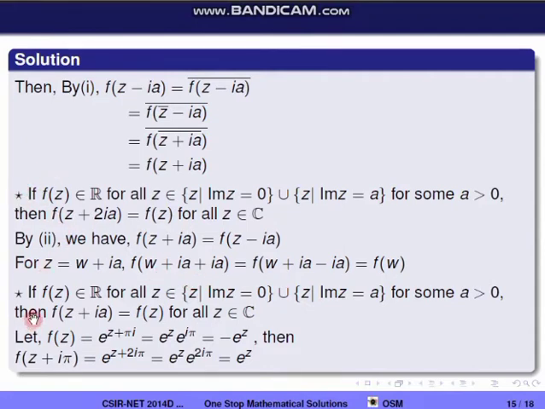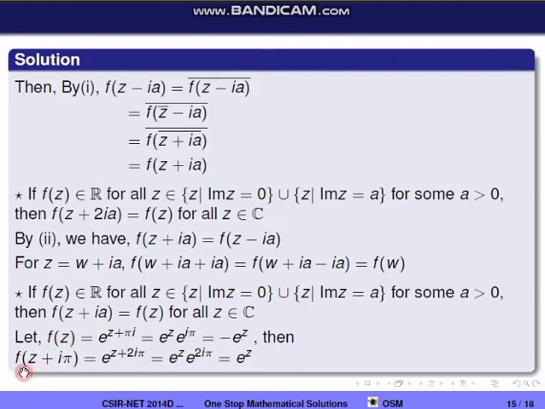Fourth option, if f of z belongs to R for all z in {z such that imaginary z equal to 0} union {z such that imaginary z equal to A} for some A greater than 0, then f of z plus iA is equal to f of z for all z in C. So we will check this option. So if I take f of z is equal to e power z, then f of z plus i pi is equal to e power z plus pi i, that is e power z into e power i pi. We know e power pi i's value is minus 1. So the value is minus e power z.